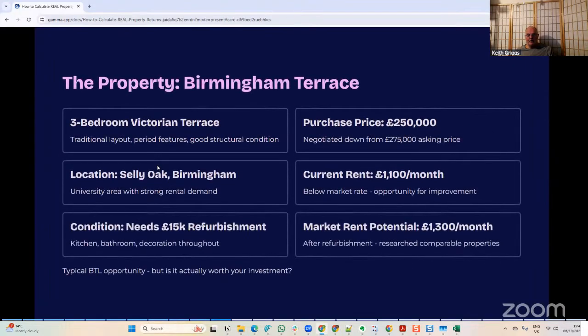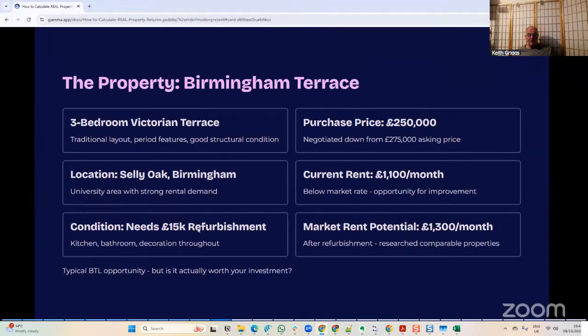Okay, so what is this property we're going to talk about? Three-bedroom Victorian terrace. It's irrelevant in terms of the numbers, but it maybe helps you visualize the scenario a bit better. Birmingham, needs £15,000 refurbishment.